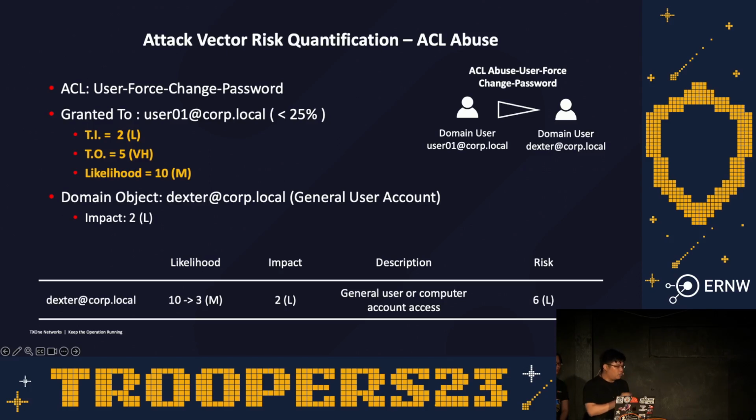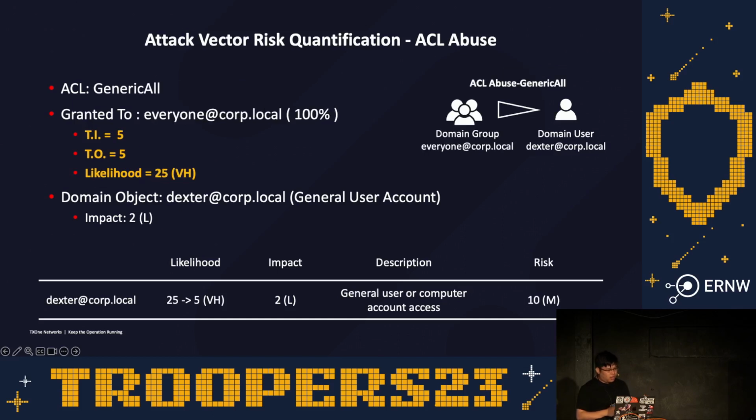Accuracy will be 5, so we calculate the likelihood as 10. For the domain object Dexter, a general user account, the impact will be 2 because they only have specific limited user access rights. So we can calculate the risk here: it's a 6.